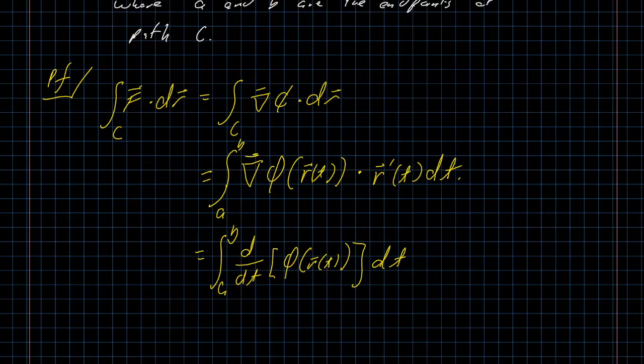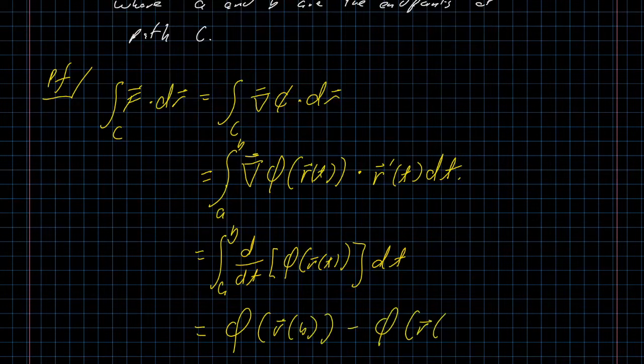So using the chain rule, I've rewritten this as an ordinary derivative with respect to t. Now that it's an ordinary derivative, I can use the ordinary fundamental theorem of calculus in order to rewrite this.